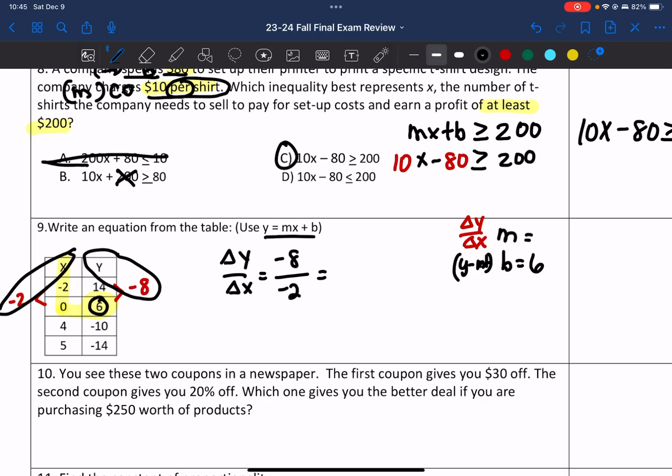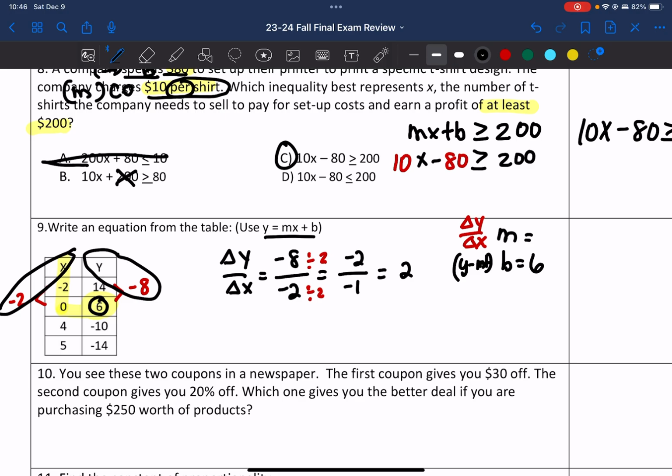Okay, now I'm going to have to simplify this by dividing by 2 on both. If I do negative 8 divided by 2, I'm going to get negative 2. If I do negative 2 divided by positive 2, I'm going to get negative 1. And in the end, what I'm going to get is positive 2. So here you can also check this by just dividing.